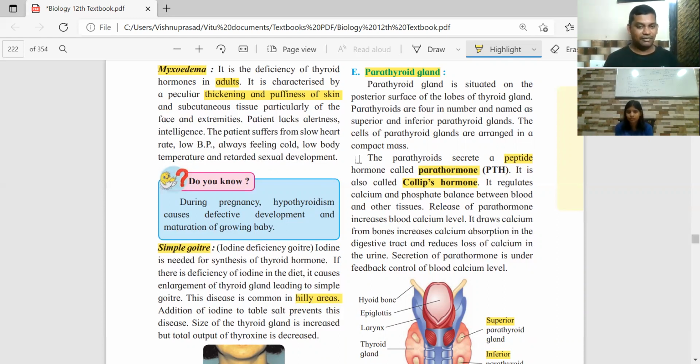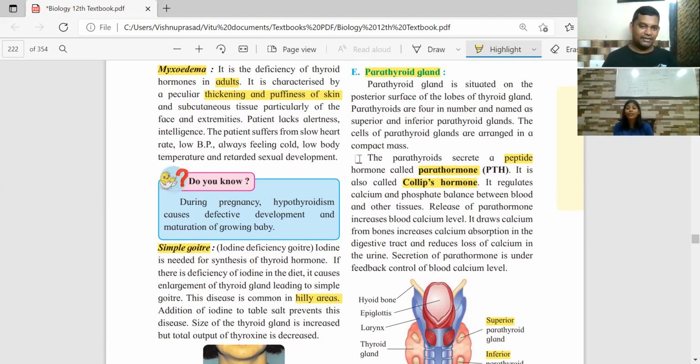Now this hormone is exactly opposite in action to calcitonin. What is calcitonin doing? If there is an increase in the calcium concentration in the blood, then calcitonin will stimulate the bones to take up that calcium, put it into the bones, and not deposit the calcium into the blood.